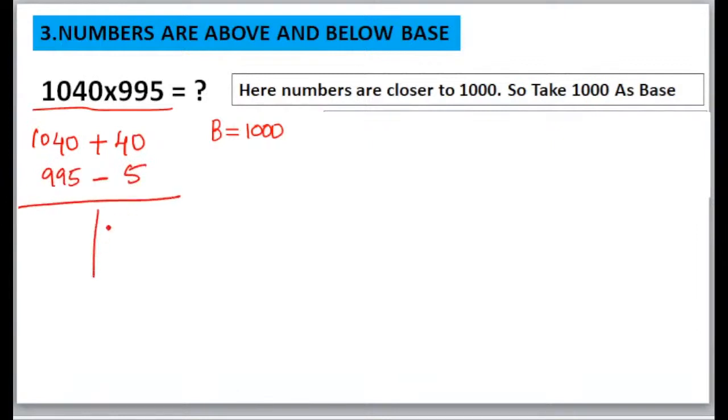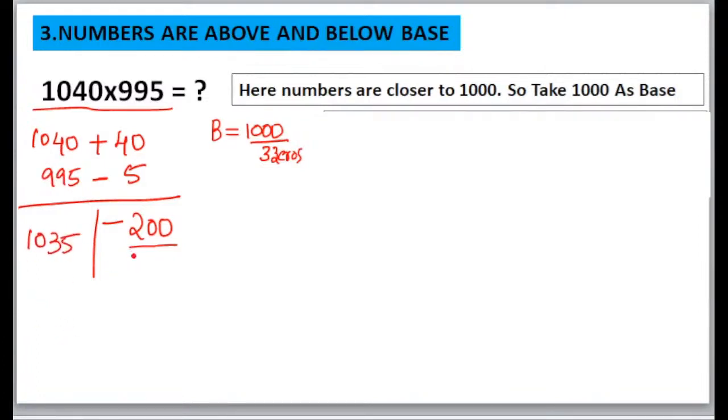So your RHS is negative 5 into 40, that is minus 200. And your base has 3 zeros. So you need 3 digits in your right hand side. And your LHS is 1040 minus 5, that is 1035.